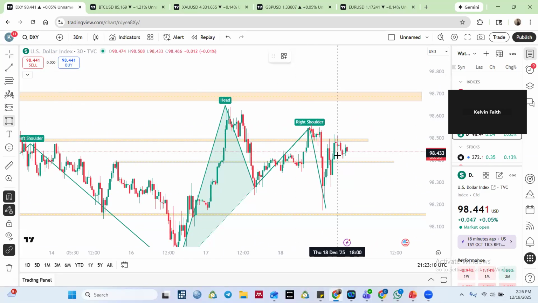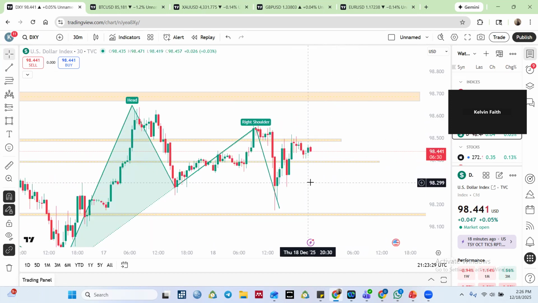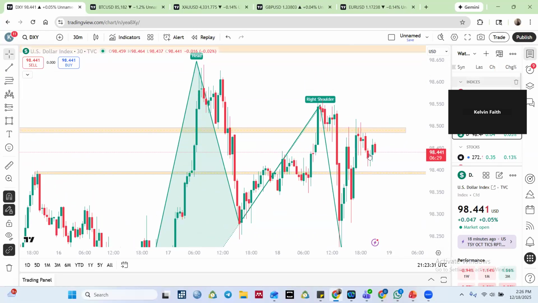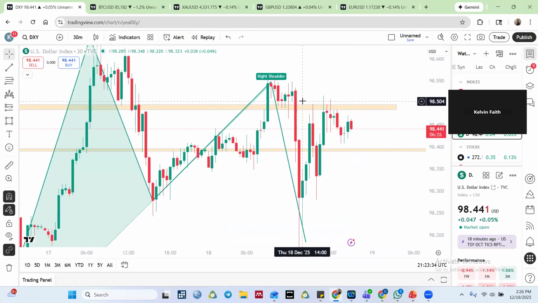Normally, the market could move up and crash the right shoulder to take liquidity above it. So it could either push up to take liquidity above the right shoulder, or it will not do that, it will only retest the right shoulder and drop. That is the current struggle happening on the DXY now.